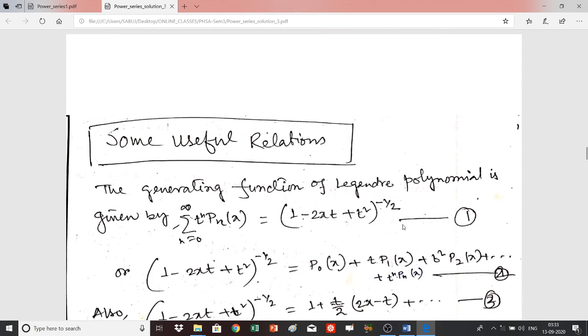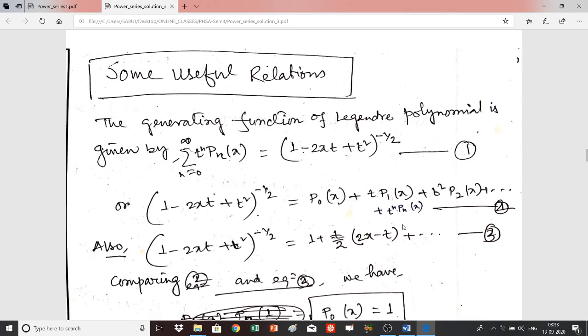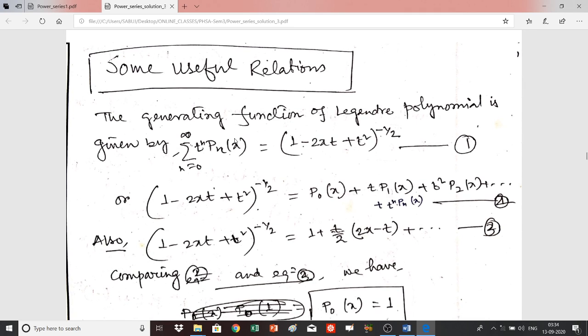Then we come to the next topic, some useful relations using the generating functions. As you saw earlier, the generating function of the Legendre polynomial is written in this fashion: the sum from n equal to 0 to infinity of t to the power n Pn(x) is equal to (1 minus 2xt plus t square) to the power minus half.